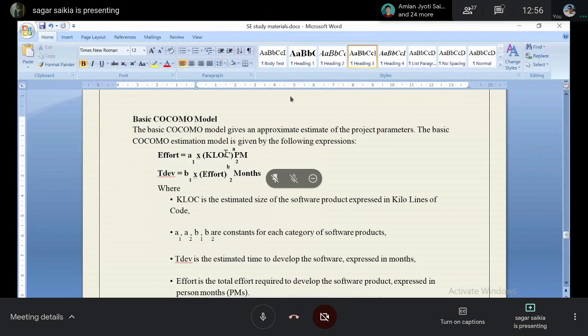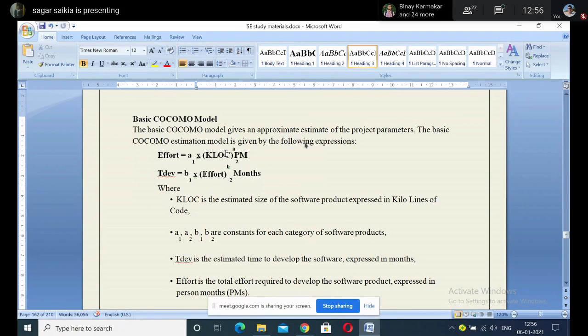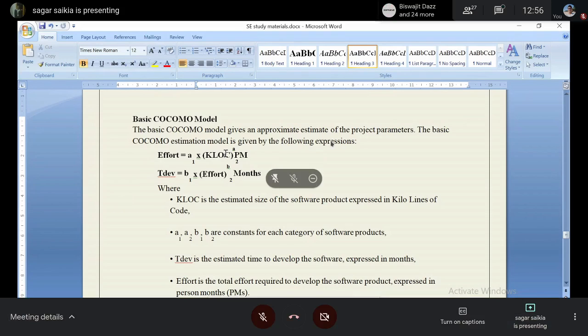Kilo lines of code means 1000 lines of code. Kilo is 1000. If someone has written 1000 lines of code, that is represented by KLOC. So if there's, let's say, 2000 lines of code, that means it is 2 KLOC. Are you getting the point?